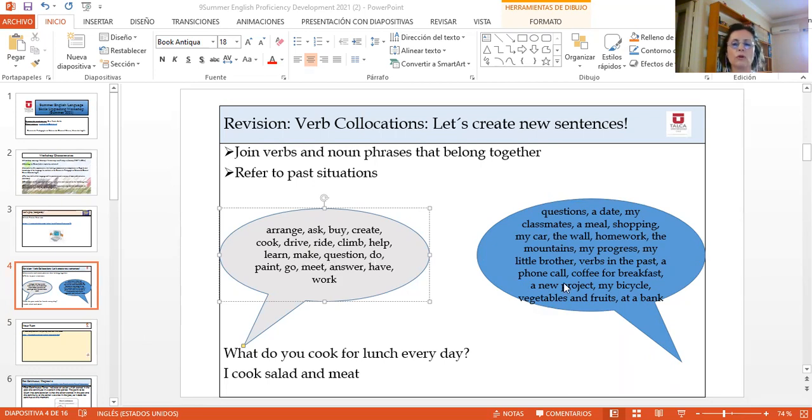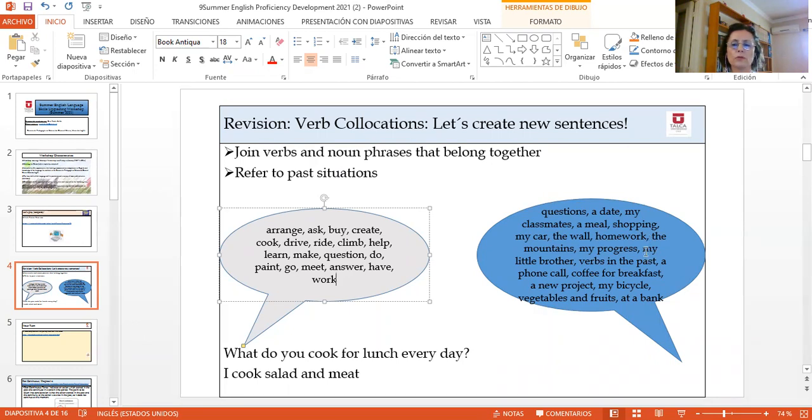Yes, you do homework. We said you paint. What do you paint? You paint the wall. You go to the mountains.